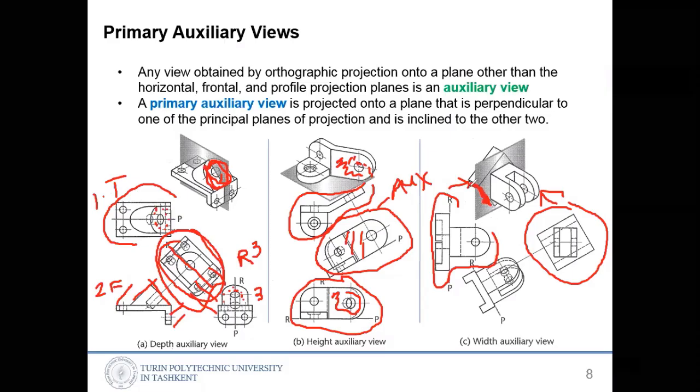To see this one, we rotate and make an auxiliary view here. That's the auxiliary view. And we are seeing this face at 90 degrees, while all others are rotated. So to see this one, we made an auxiliary view.